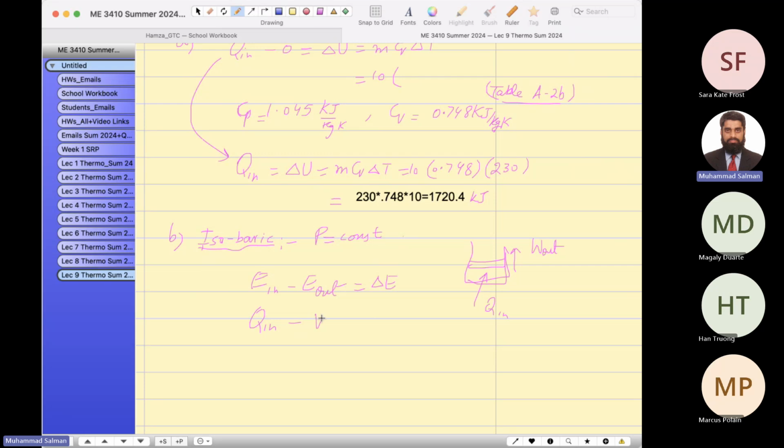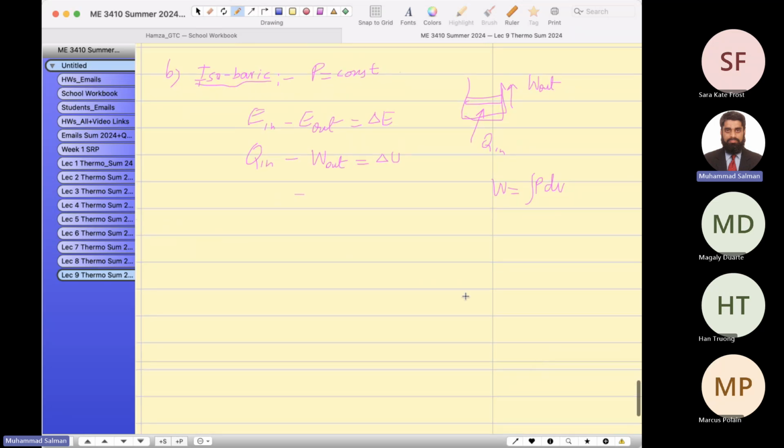So PdV work out, boundary work out, equals delta E, which is delta U. And you guys know boundary work equals PdV. And pressure in our case is constant, isobaric. So pressure times delta V. So I can write P(V2 minus V1) plus U2 minus U1 equals Q in.